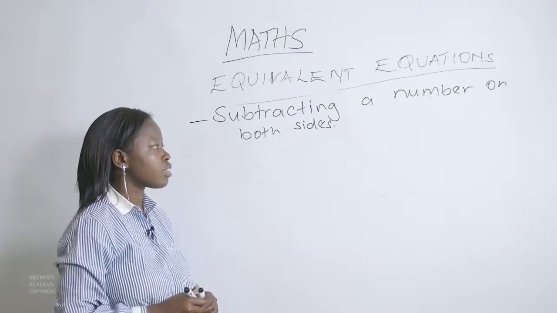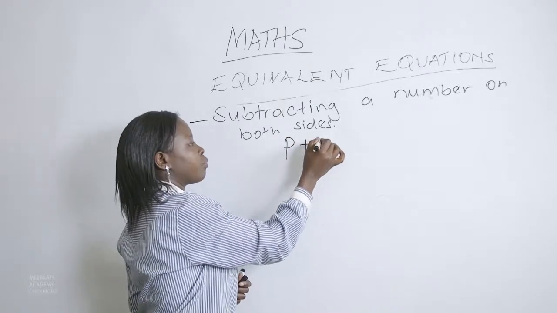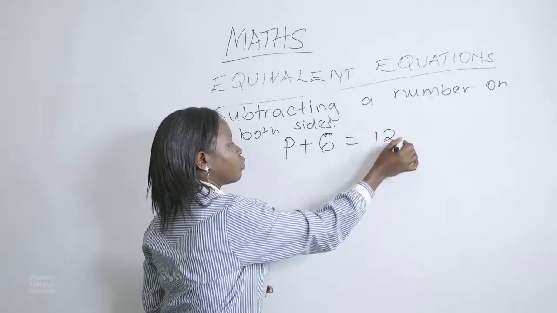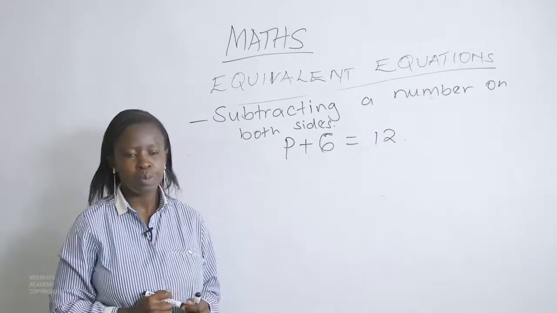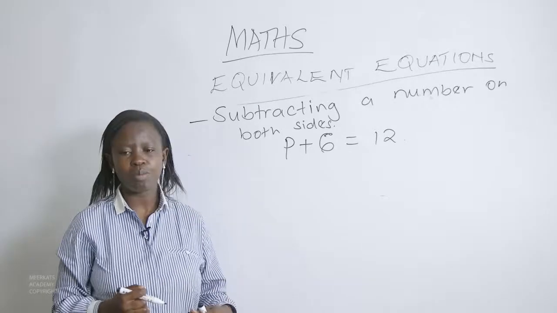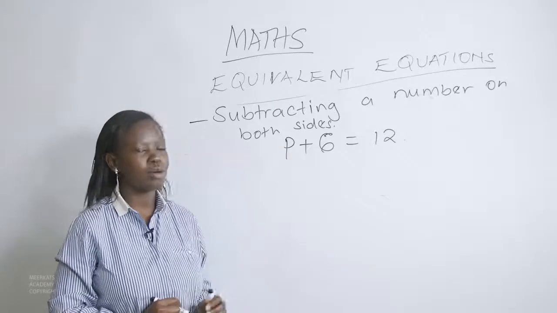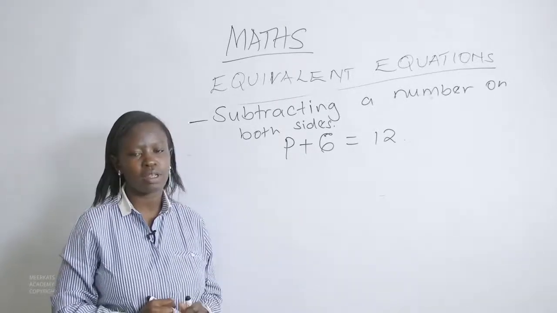In that, for instance, I'm having such like a number. If I have such like an equation, then I decide to subtract a number on both sides. If I subtract a number on both sides, the left-hand side, the same number, I subtract it on the right-hand side.